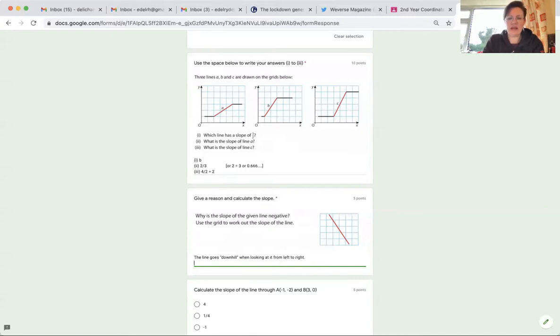Or we could say the rise is going down as the line moves to the right. Anything like that. So any sort of mention of it going down rather than up, that it's sloping down rather than up. And we have our points here for why the slope of this line is negative.